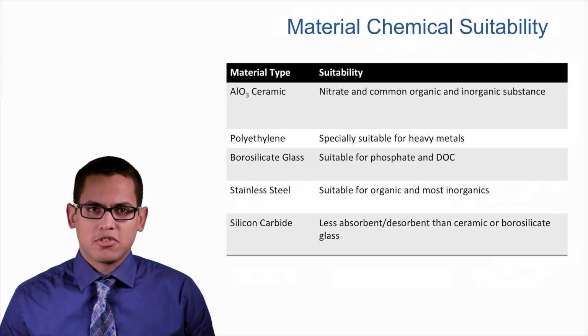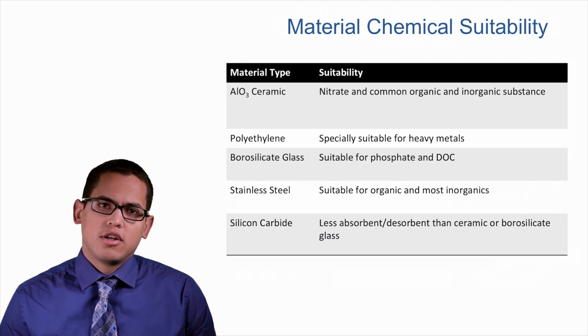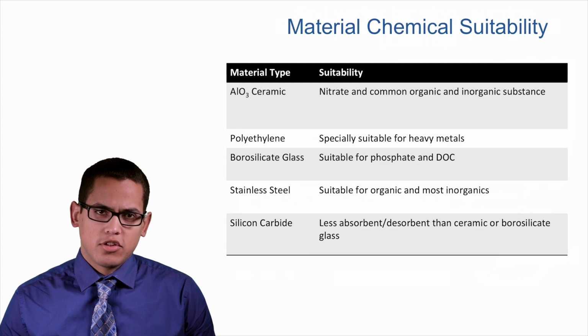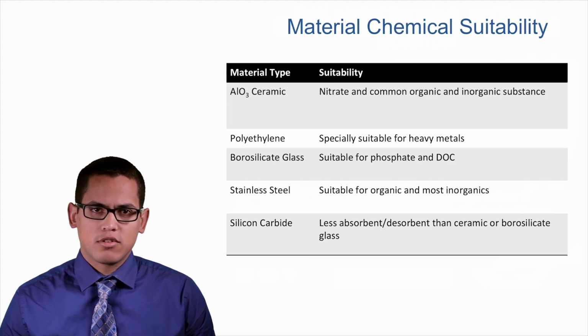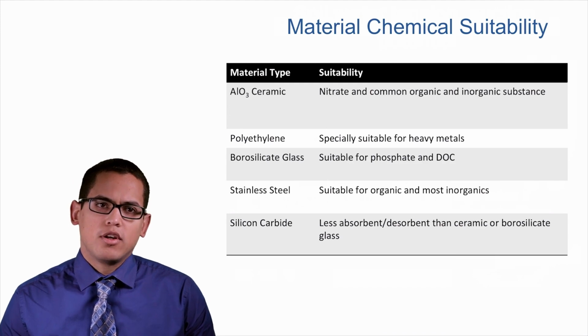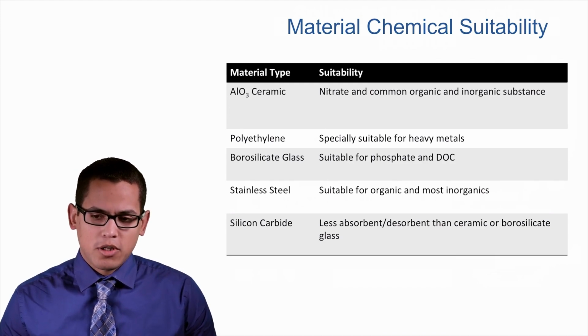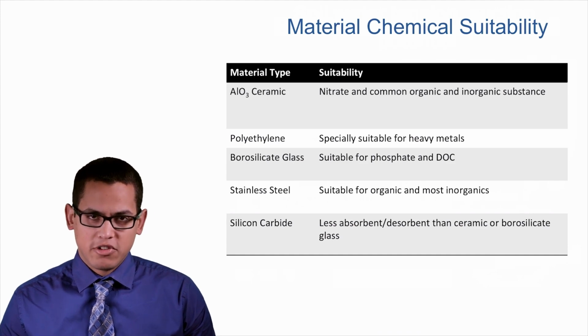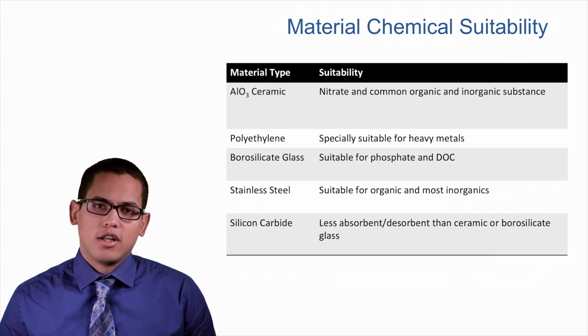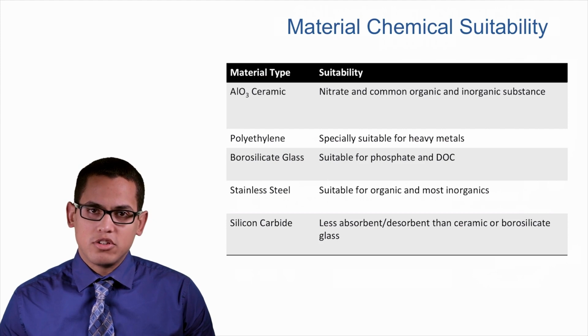Borosilicate glass is suitable for phosphate and dissolved organic carbon and a few various other compounds. Stainless steel is suitable for most organic and inorganic compounds. And then there's silicon carbide, which is probably one of the newest materials available on the market, and it is less adsorbent or desorbent than ceramic or borosilicate glass.